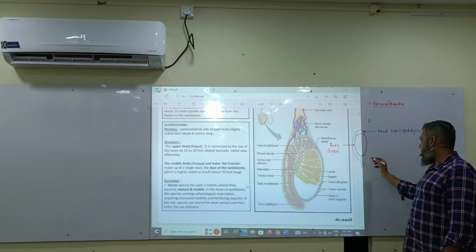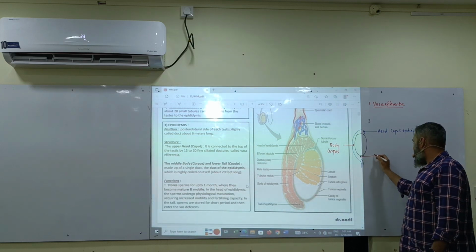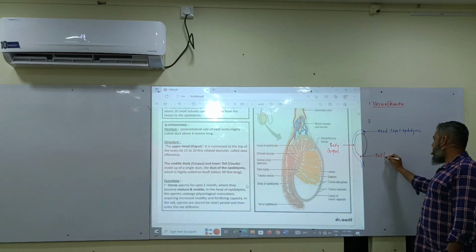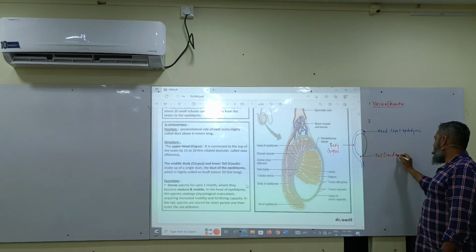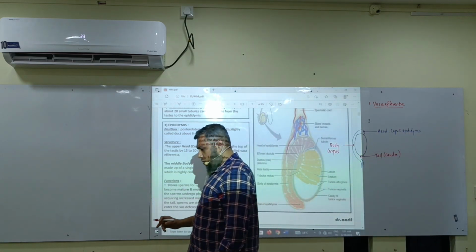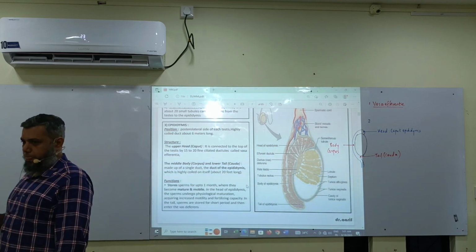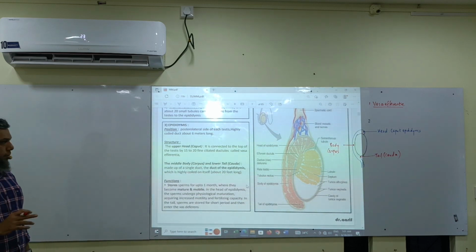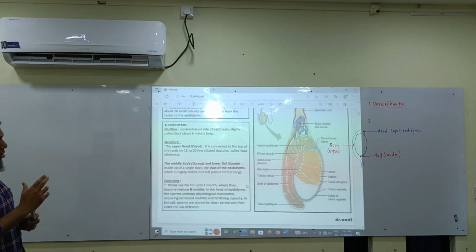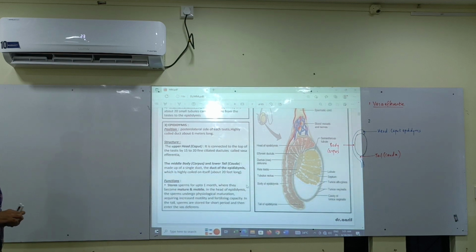And the last part is called the tail, also called the cauda epididymis. So what are the 3 parts? The head, the middle part, and the tail. The head is caput epididymis, the middle is corpus epididymis, and the lowermost is cauda epididymis. Correct?